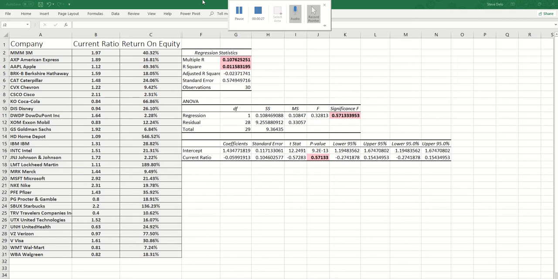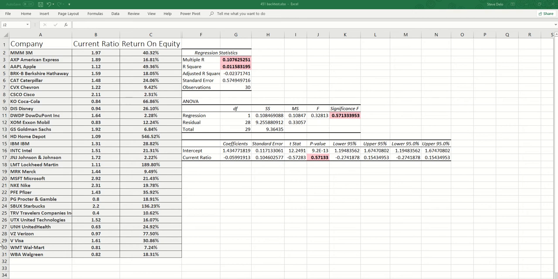I believe that the current ratio tells a big story about a firm's liquidity and short-term solvency, and I wanted to see if the current ratio was in any way correlated to that same firm's return on equity. My hypothesis was that a firm with a higher current ratio would have a higher return on equity.